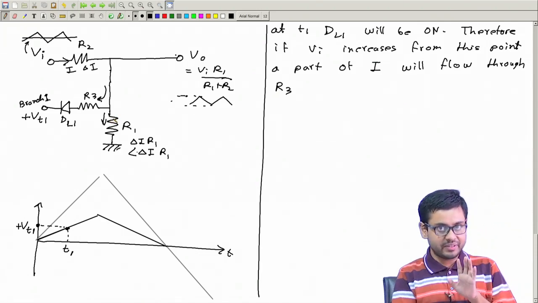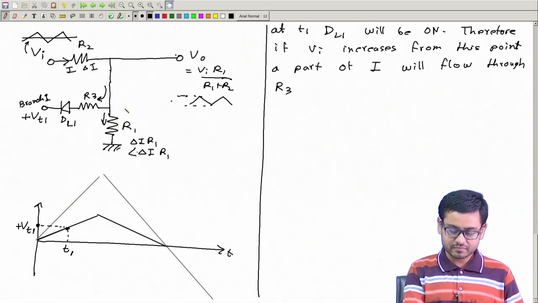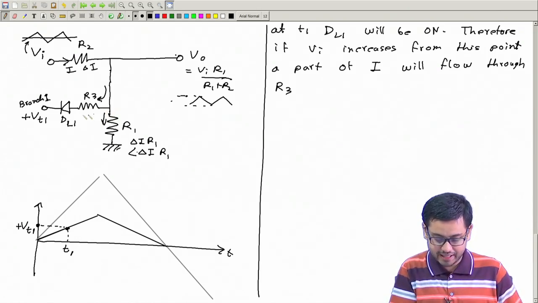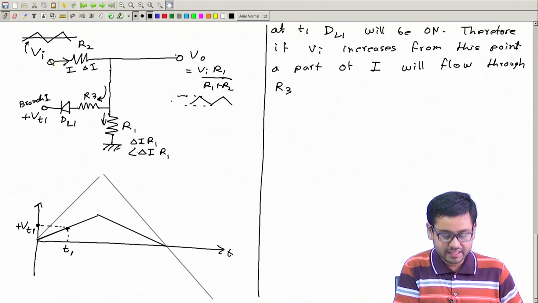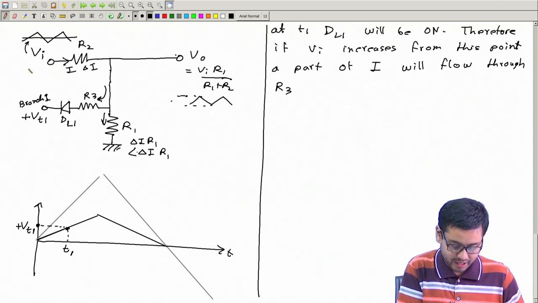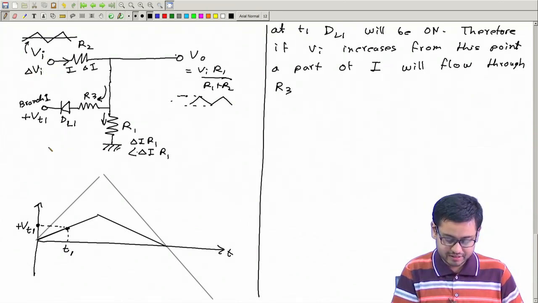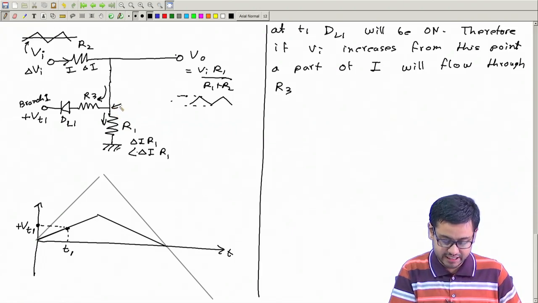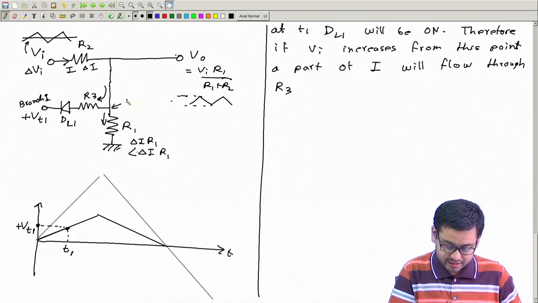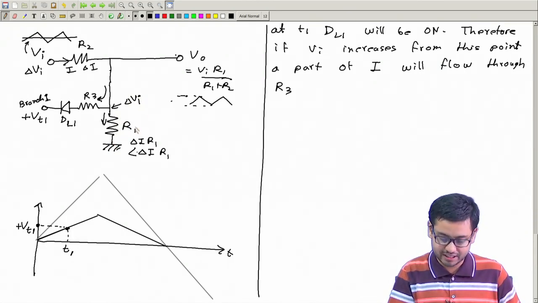Okay, the same thing I can explain in another way. So now onwards, you can consider these two resistances are in parallel. Any delta change in this voltage, if this voltage changes by delta Vi, then the voltage that will change at this point or across R1 will be delta Vi multiplied by a fraction.